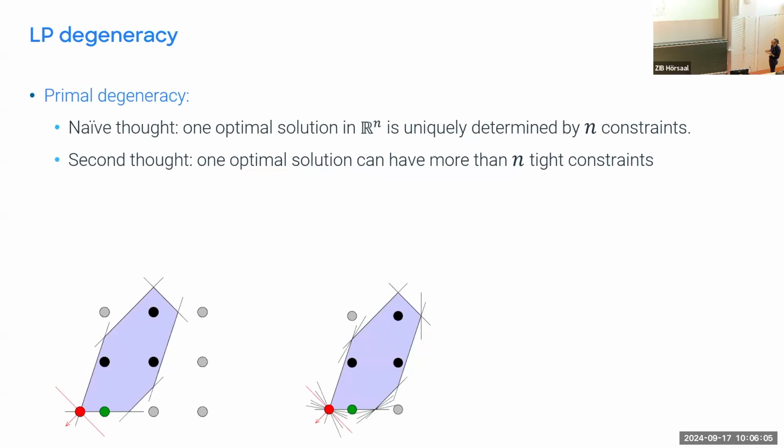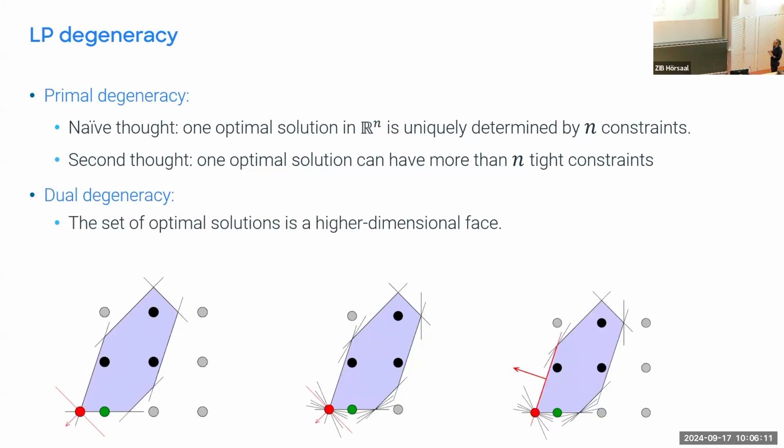Like many more of them could be tied at a solution. That is what is called primal degeneracy, if a vertex is overdefined. But the same thing can also happen in the dual LP, which means that you have multiple solutions because your objective function is parallel to a face of your feasible region, right? And this you have to deal with in implementations, both in LP solvers and MIP solvers.